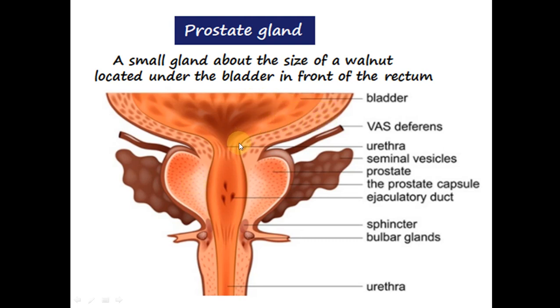The final portion of the ductus deferens is dilated and forms the ejaculatory duct, and receives fluid from the seminal vesicles, which are small glands located on either side of the prostate gland. Additionally, there are also bulbourethral glands.